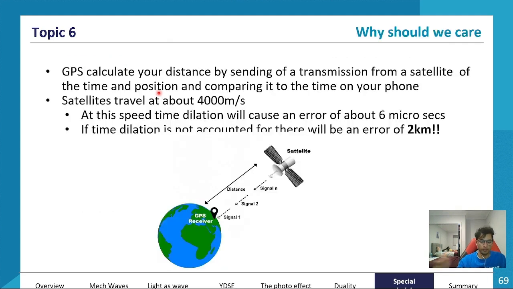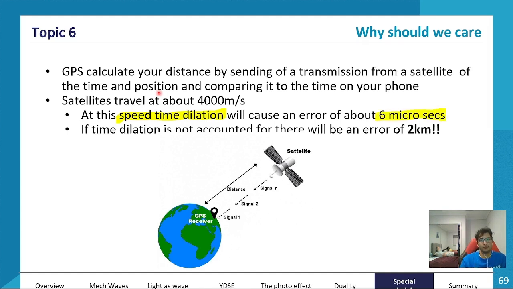The reason why this is important is that it actually has some real world applications, and it has to do with GPS. Because satellites are up in space and traveling so fast, if the satellite does not take into account the time dilation, the difference of time between the satellite and the Earth is about 6 microseconds.